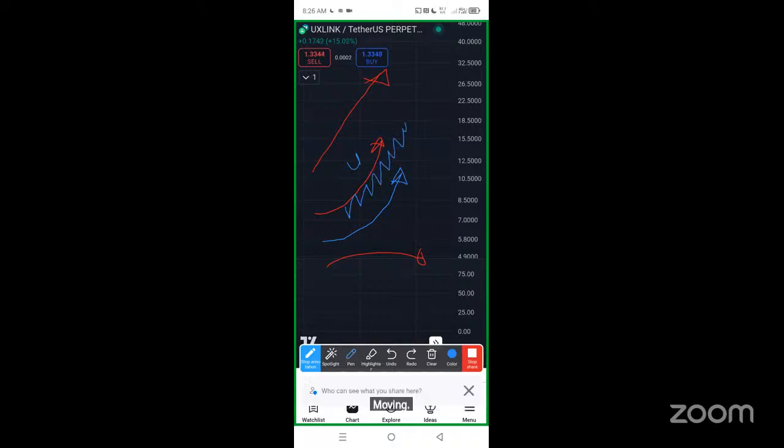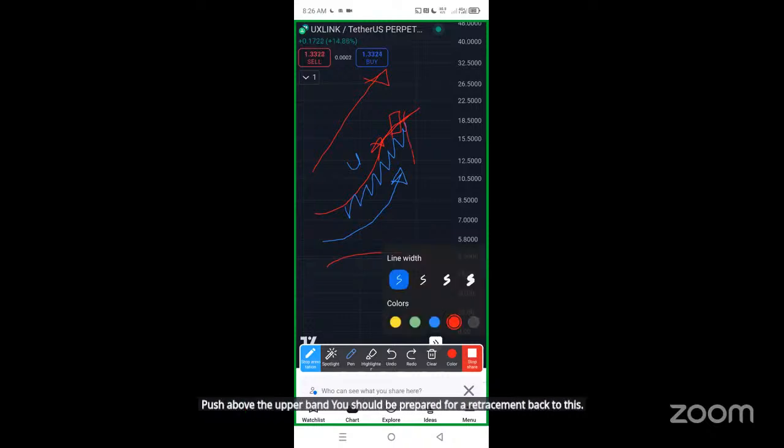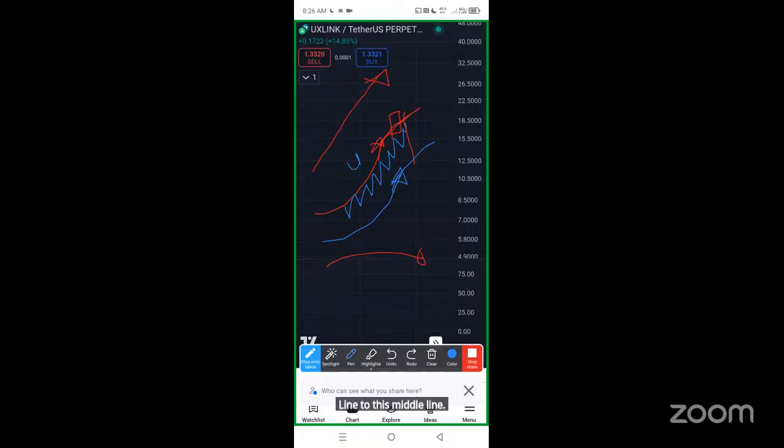When a candle attempts to cross above the upper band, you should be prepared for a retracement back to this middle line. Be prepared for a retracement to this line.